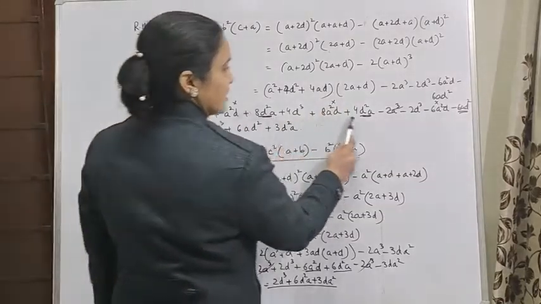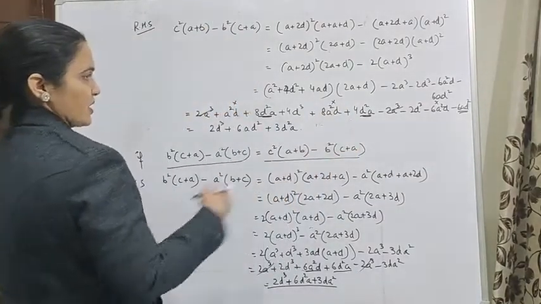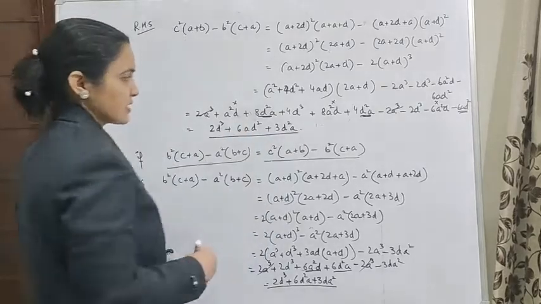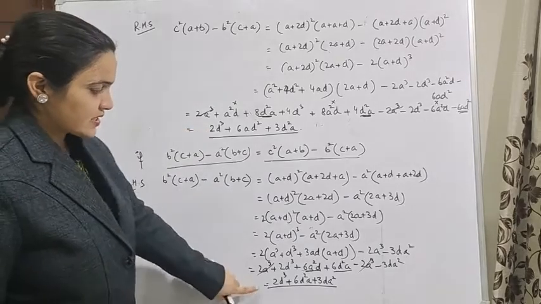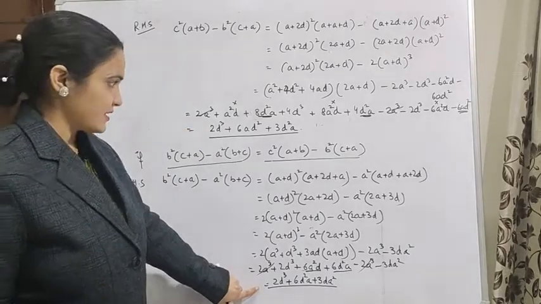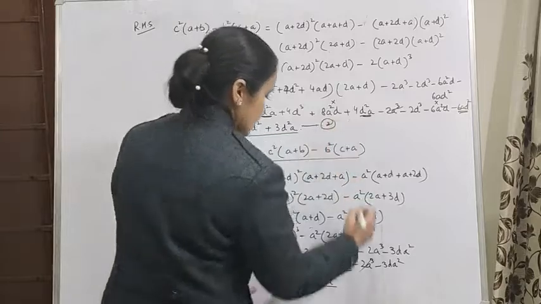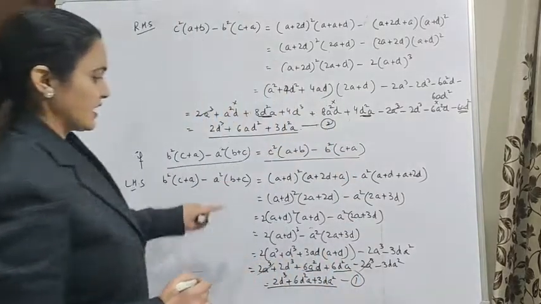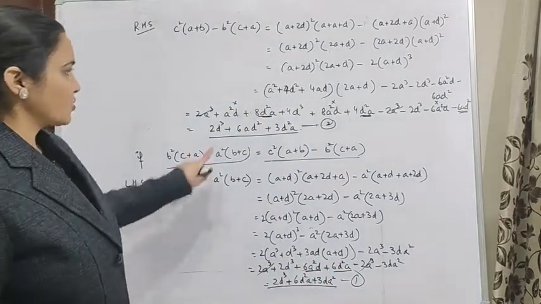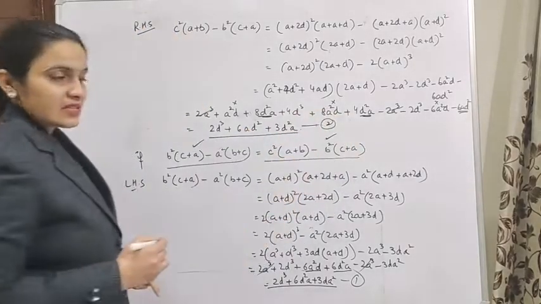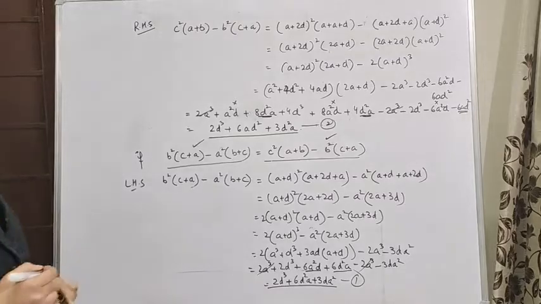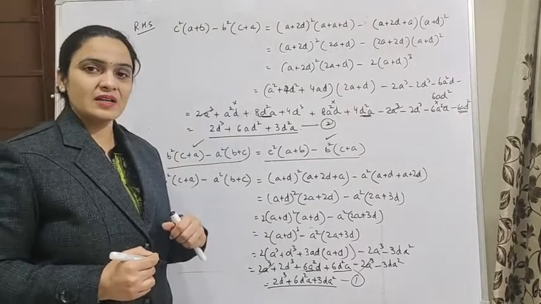We have this, and after calculation we have left hand side, this right hand side as this, which is equal to left hand side. So this as 2, this as 1. Since left hand side is equal to right hand side, this difference is equal to this, then this implies that the given terms are in AP.